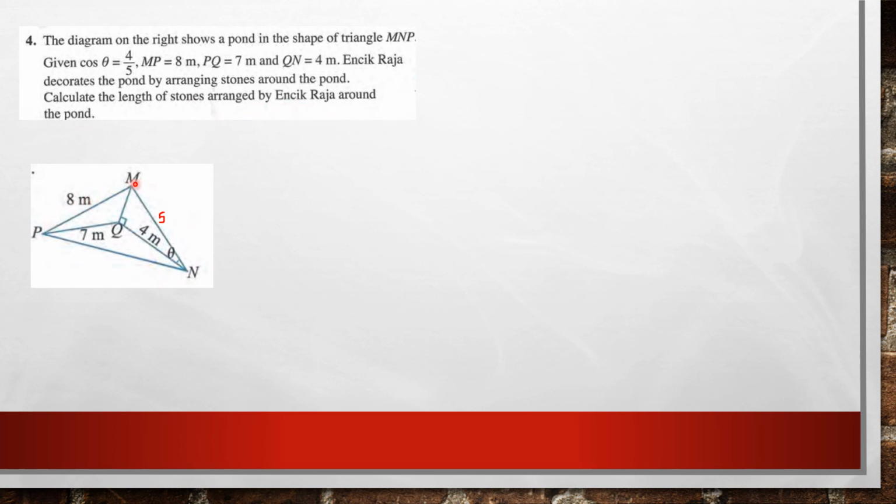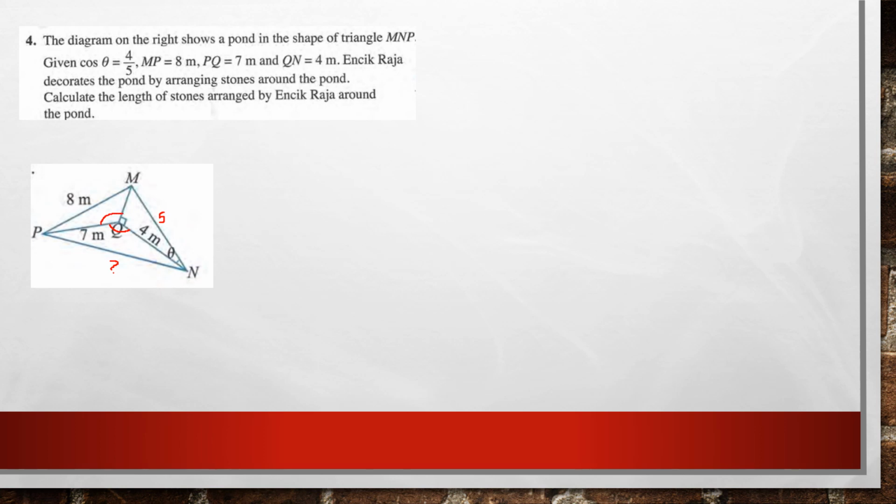So you know PM is 8, MN is 5. Now our task is to find PN. We don't know PN. You know PQ is 7 and QN is 4, but you don't know the angle here. But what you can do is find this angle, MQP.